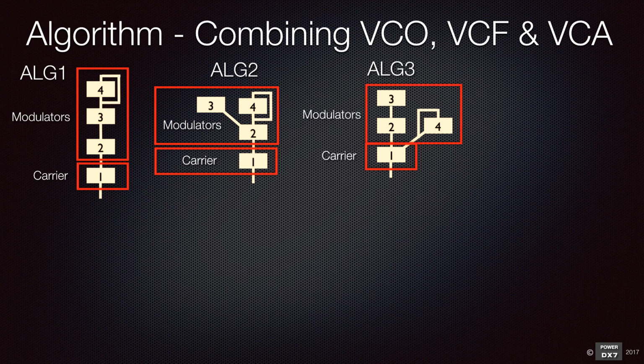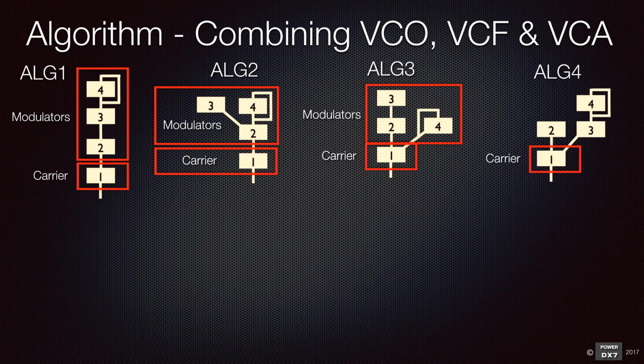The rest is a modulator, controlling the overall harmonics like VCF. Algorithm 4 has only one carrier as operator 1 acting like VCA. The rest is modulator, controlling the overall harmonics like VCF.